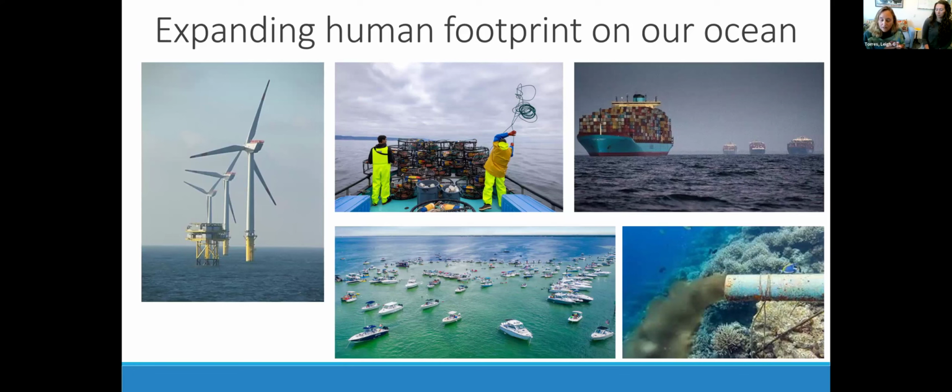So it's important to always anticipate what's coming next and not limit ourselves to just thinking about one impact, because these threats not only impact the oceans and marine wildlife, but also each other. So they often have conflicts in space use with each other.